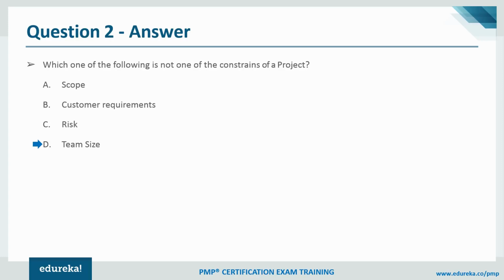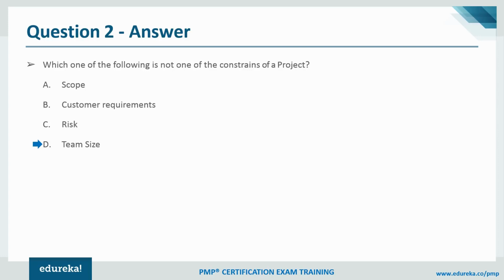So from the given options, size of the team is not a constraint. Okay, is that clear to you? You can have 5 people in your team, you can have 10, you can have 15, but the constraint may be there in the cost, but not in the size. And another way to look at this is from the given options.